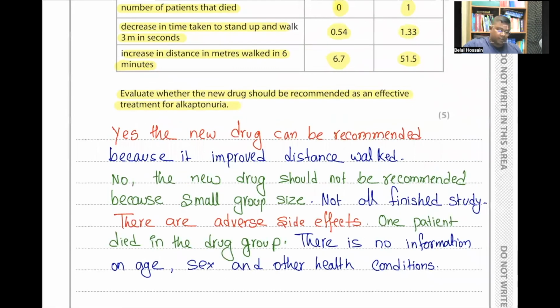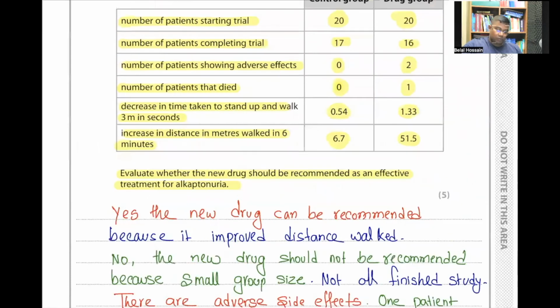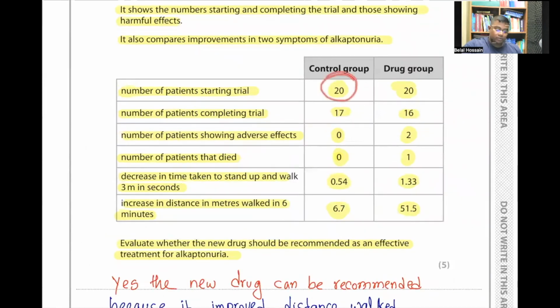So the question was, evaluate whether the new drug should be recommended as an effective treatment for alkaptonuria. We can see in the control group we had 20 and in the drug group we had 20. The number of patients that completed the trial we had 17 and 16.